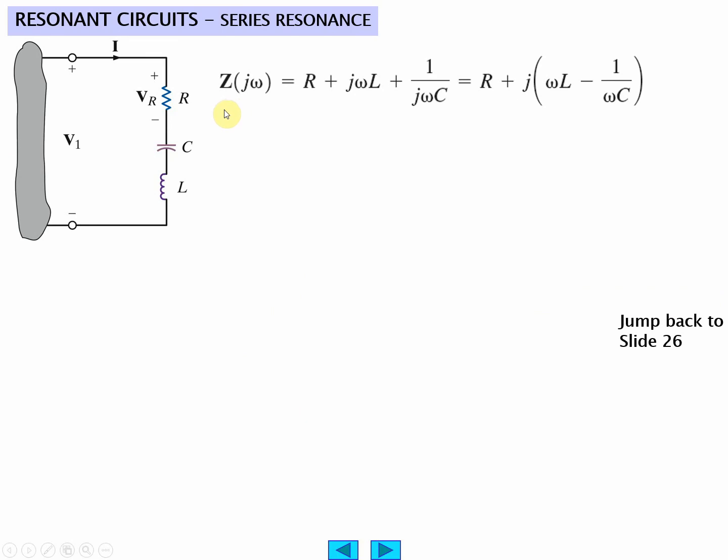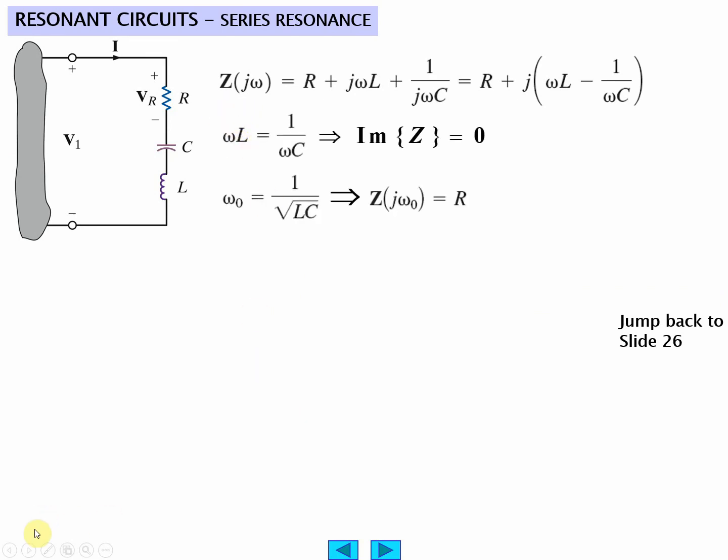So we can write impedance. I'm going to choose a different color for the pen. The author uses red so much, I want to be sure and have a color that contrasts.